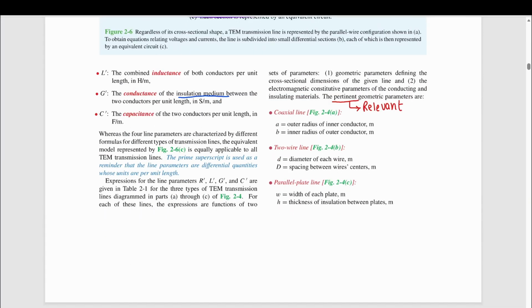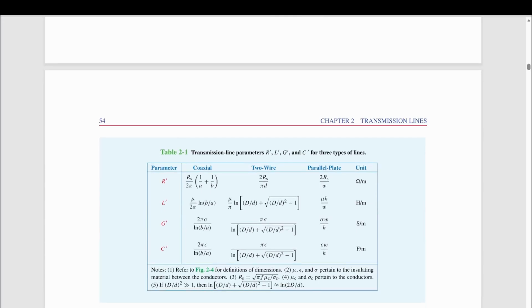For each of these lines, the expressions are functions of 2 sets of parameters. The first one is the geometric parameters defining the cross-sectional dimensions of the given line. And the second is the electromagnetic constitutive parameters of the conducting and insulating materials. Taking a quick look, it takes into consideration two things.